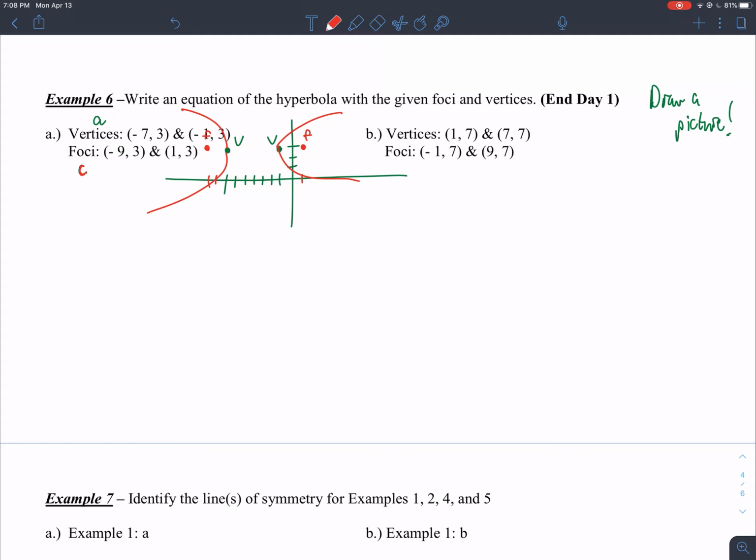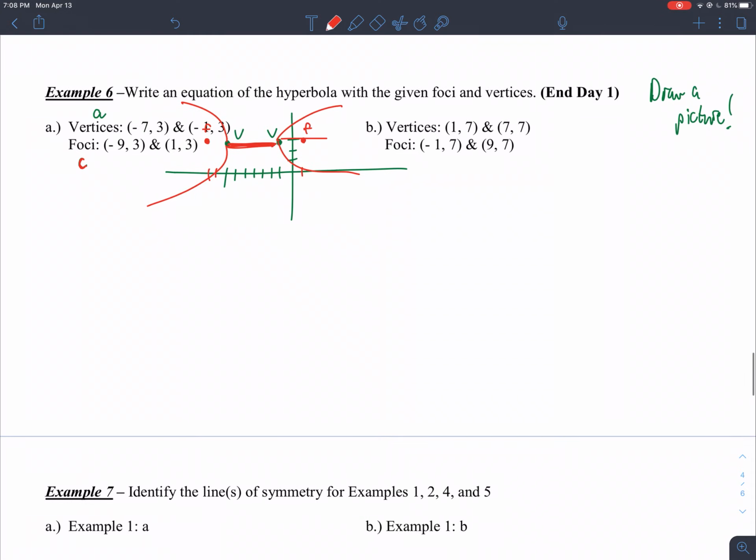Okay, and so this is very useful since it's a horizontal hyperbola with a transverse axis here. Then I know that the formula I need to use has to have x squared in front of the minus sign. Okay, because the transverse axis is in the x direction. It's horizontal. So the formula I have to use is the one with the x squared in the front for the hyperbola. So what you're doing is this.